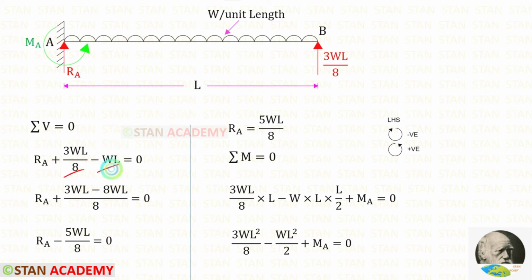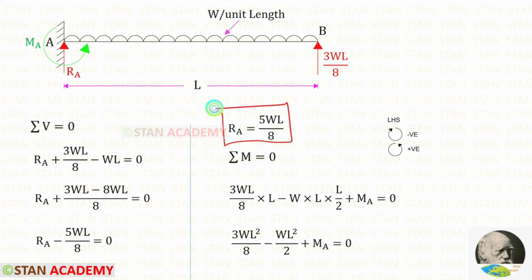For these two terms, we can take LCM. Let us keep 8 as LCM. 8 into WL, we will get 8WL. 3WL minus 8WL, we will get minus 5WL. We can take minus 5WL upon 8 on the other side, so it will come as positive.